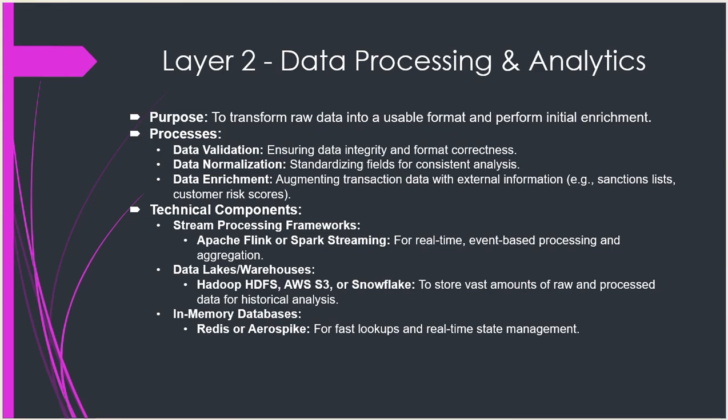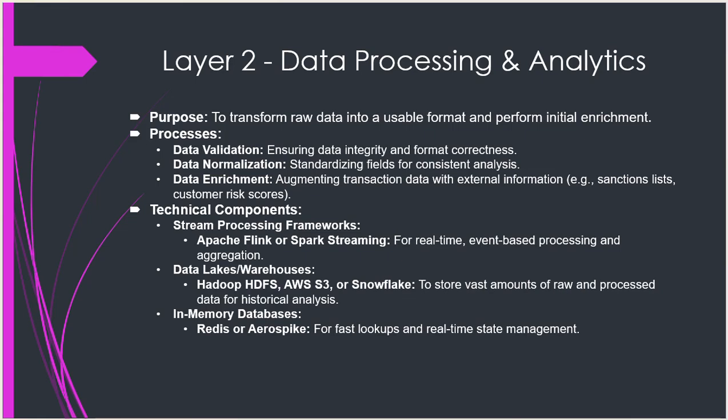First one is data validation. The system will ensure data integrity and that the format is correct. Then data normalization will happen, with standardized fields and consistent analysis. And then data enrichment, which is an important process: augmenting the transaction data with external information like sanction lists and customer scores.